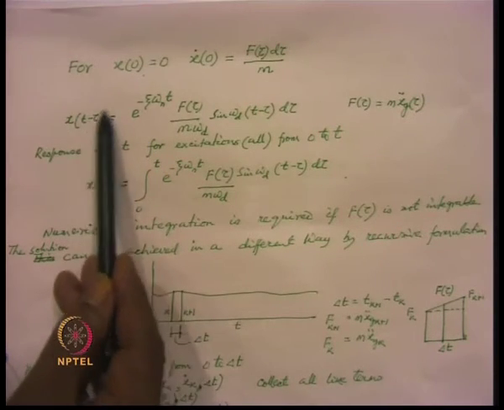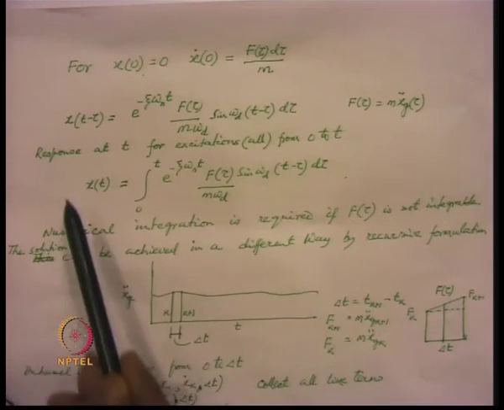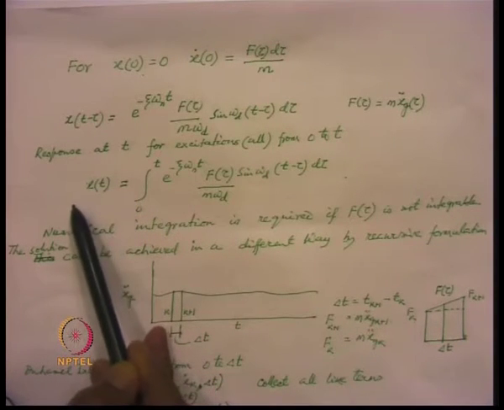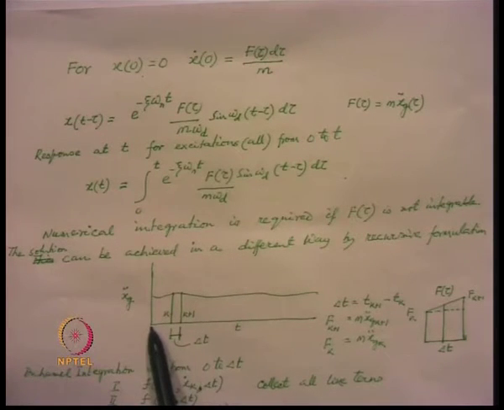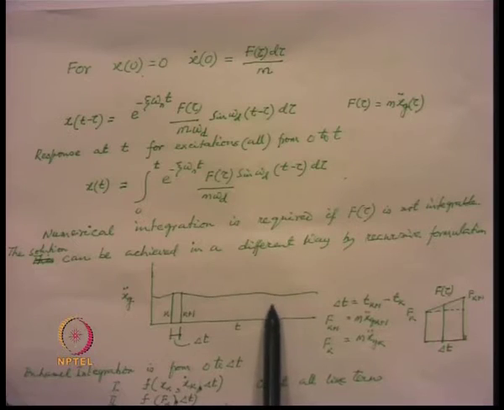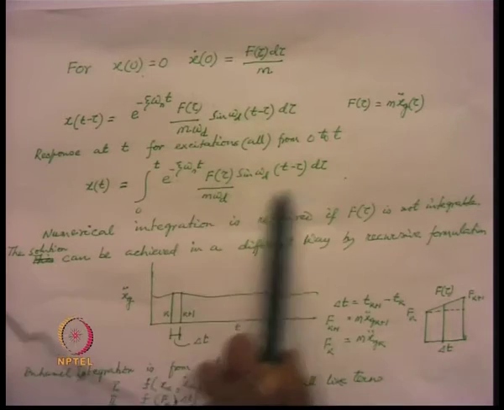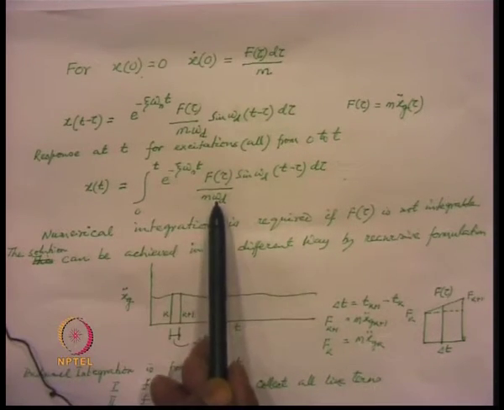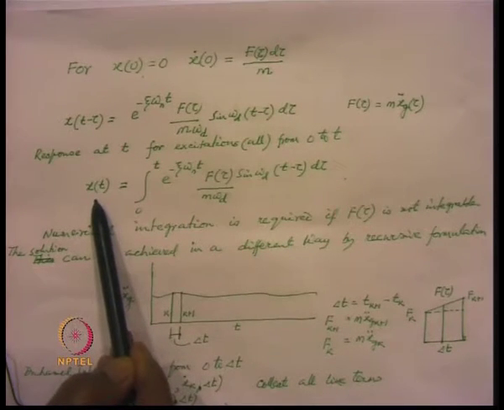Now, once we obtain this x of t minus tau, one can obtain the response x t for all the impulses that act from this point to a time t. So, we integrate this entire expression from 0 to t, and this is known as the Duhamel integration. Using it, one can find the value of the response at any instant of time t.